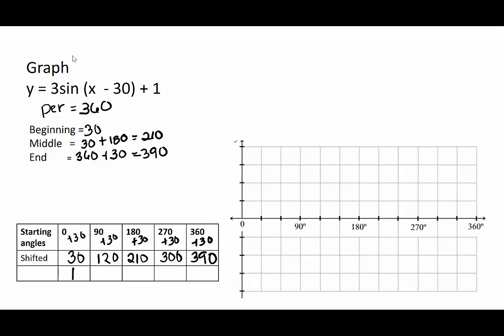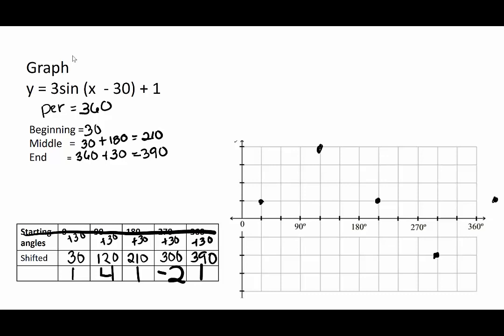If you plug 30 into the equation, you get a y value of 1. So we're going to plug all the rest of the values into the equation, and we get 4, 1, negative 2, and 1. Notice we're plugging the shifted values in, not our starting values.